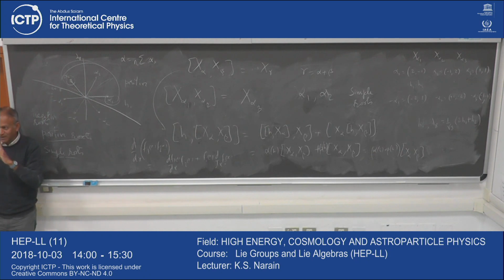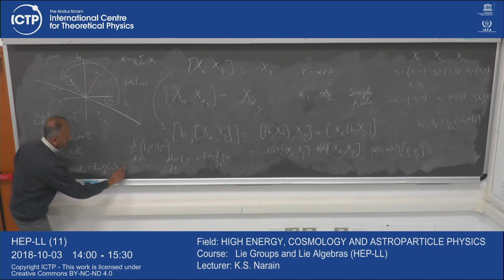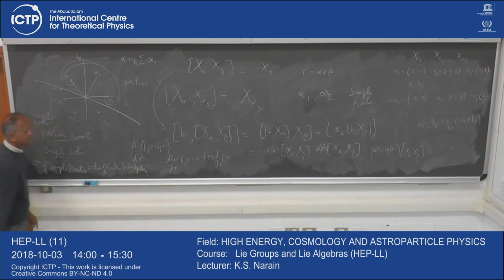So the number of simple roots is equal to the dimension of the Cartan subalgebra, which is of course also the dimension of the dual space. Remember, the alphas are living in the dual space of this. This is an important fact.